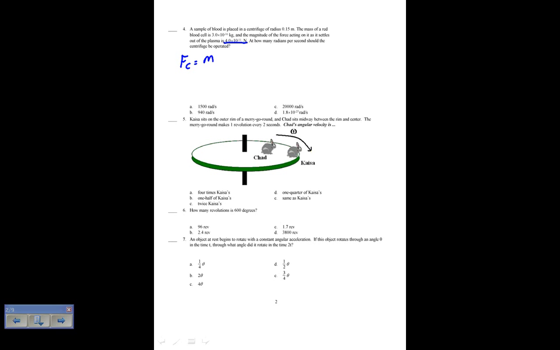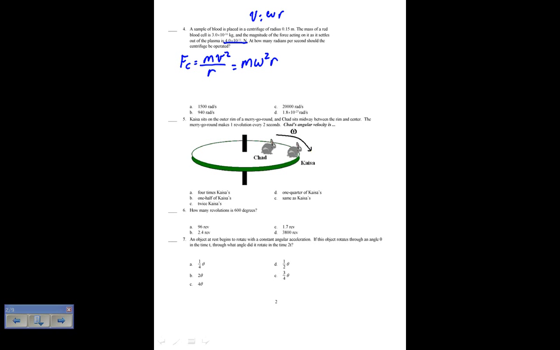And I know that my centripetal force is equal to mv squared over r. I can say that v equals omega times r, and that gives me m omega squared r.